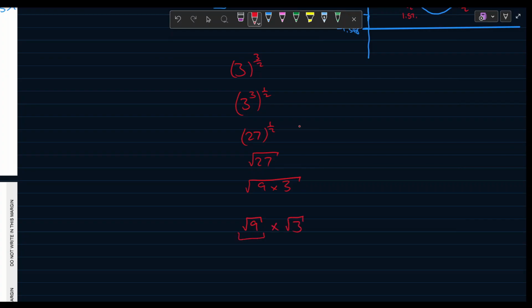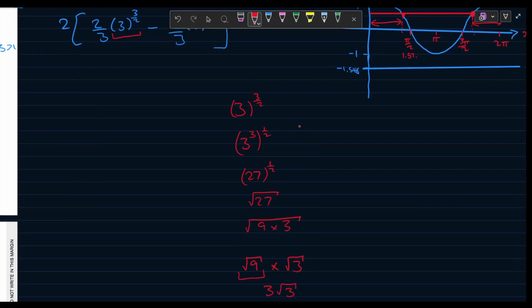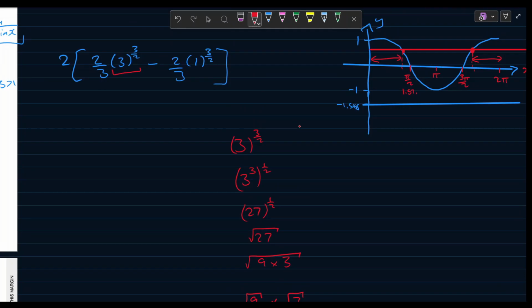Okay. And then square root 9 is 3. So that's just 3 root 3. So it means we can replace this part with 3 root 3, so that we've got 2 times 2 over 3 times 3 root 3. And this is minus, this part will be 1, so it's just minus 2/3.